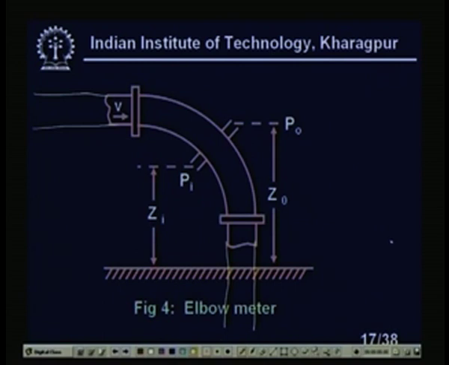According to Bernoulli's theorem, the pressure here will be much higher compared to the pressure there, because here the flow velocity will be higher, right. So we have datum point Zi and Zo. From the datum level we have taken the height of the pressure tap, this is the inside pressure tap, this is the outside pressure tap. This is our basic principle of the elbow meter.